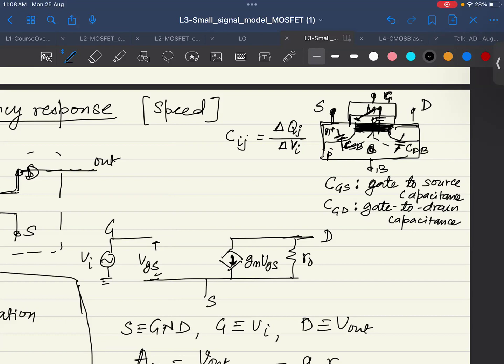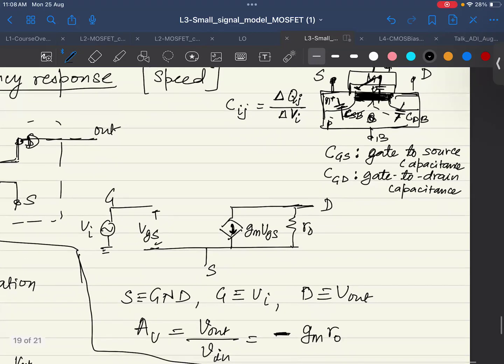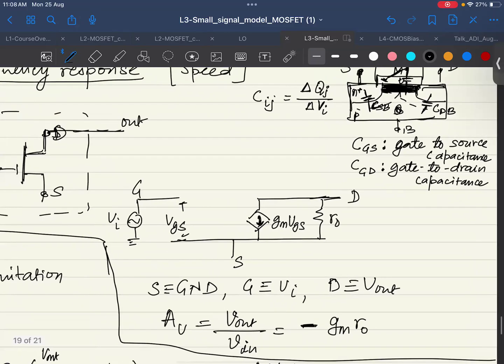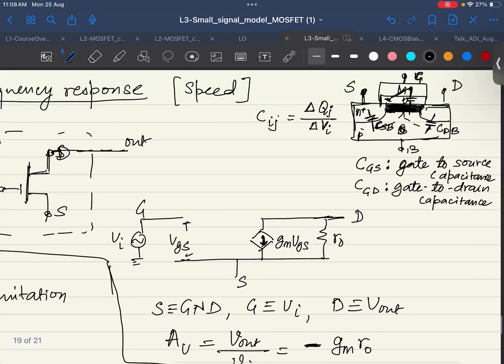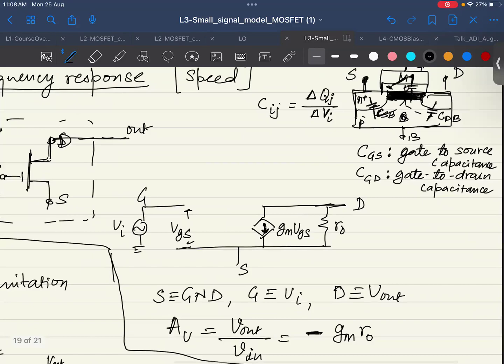So these capacitances are parasitic capacitances, obviously not the main ones, but they are also going to come into your circuit, right? So for now, we are going to take these two main capacitances and work with them to revise how our network would change now.